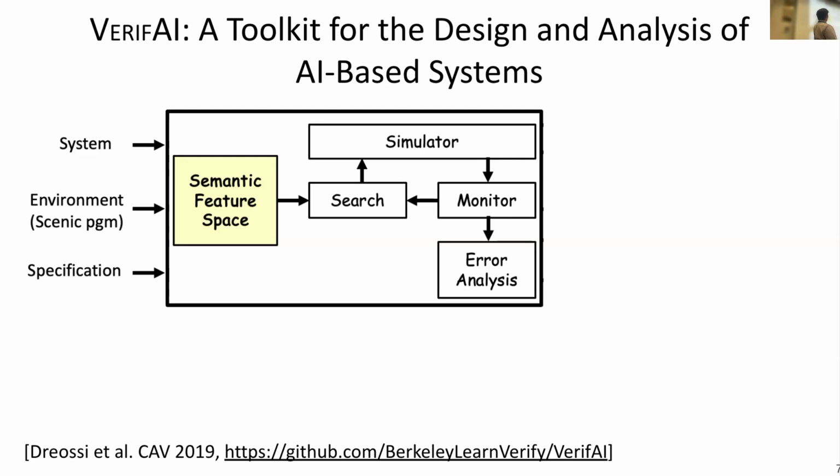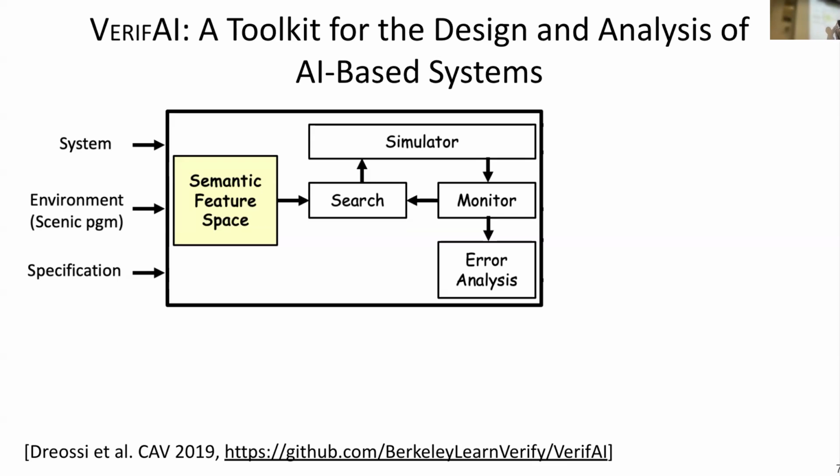Now, given these three inputs, the distribution, the search space, is extracted into a semantic feature space in VerifAI, and from there we start to sample using the search engine. And this search engine is basically a sampler that is sampling from this distribution space, right?